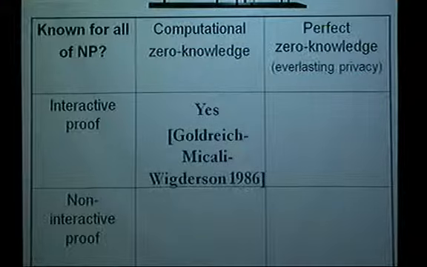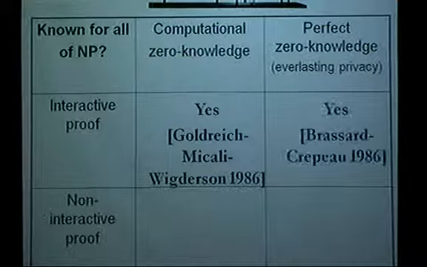They were introduced by Goldwasser, Micali, and Rackoff, and Goldreich, Micali, and Wigderson pretty fast showed that you could actually use that for all of NP and for NP-complete languages and get computational zero knowledge. And Rosen and Crépeau show that you can also get perfect zero knowledge in the interactive case.